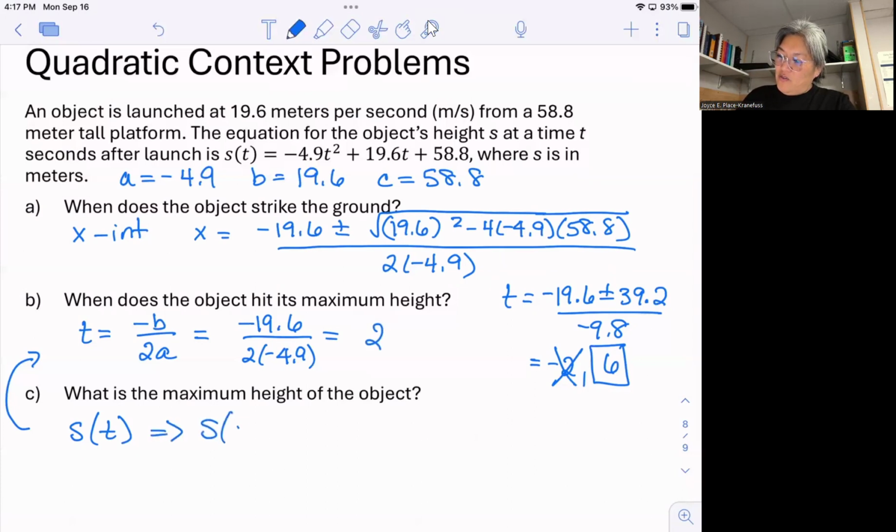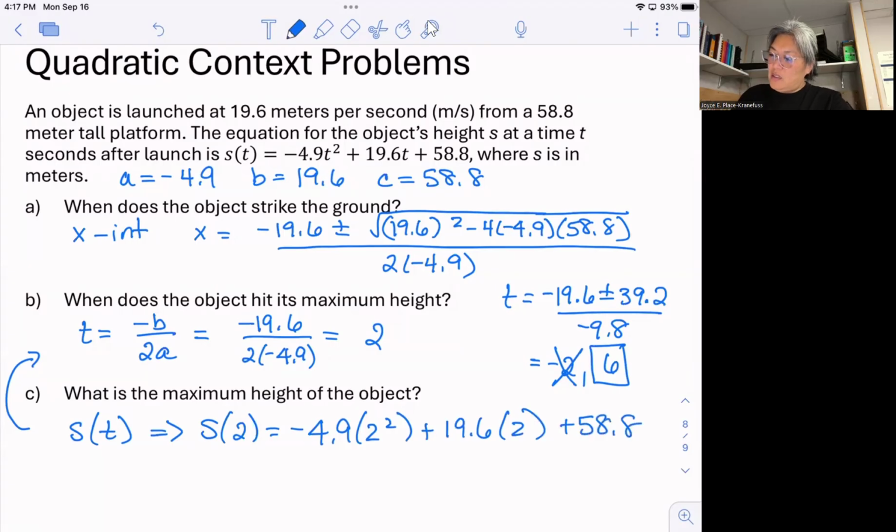So s of 2 is equal to negative 4.9 times 2 squared plus 19.6 times 2 plus 58.8.